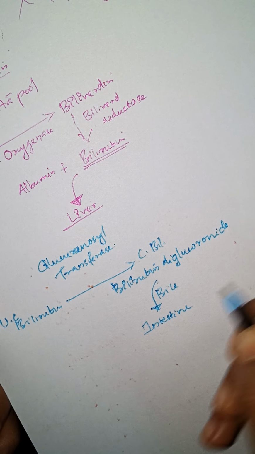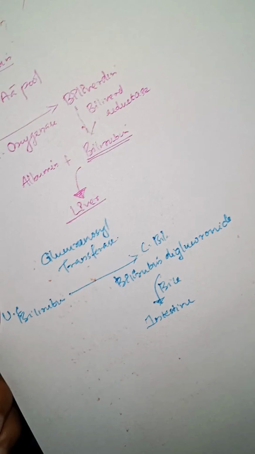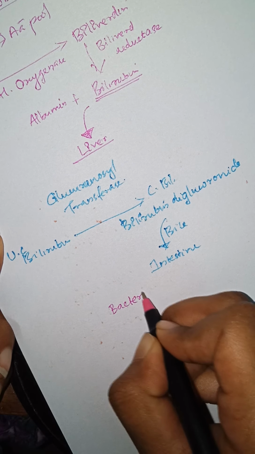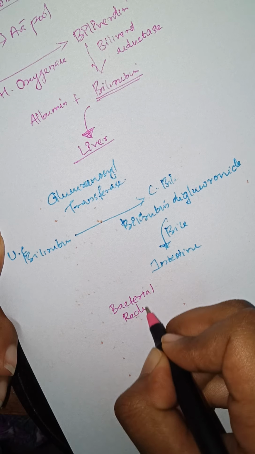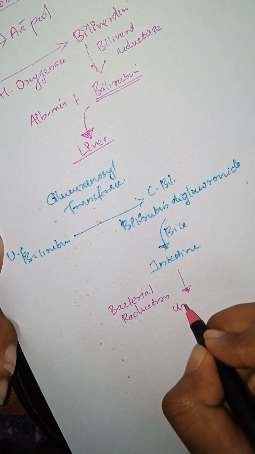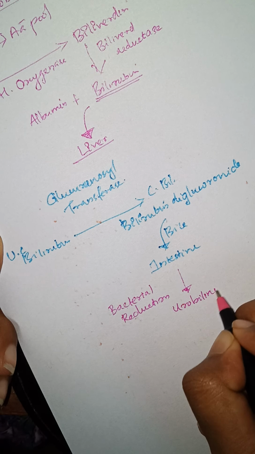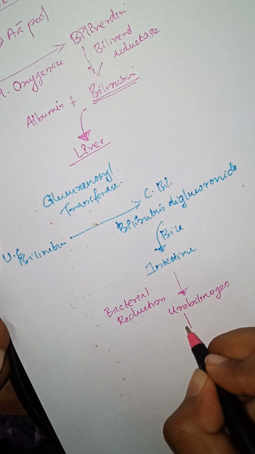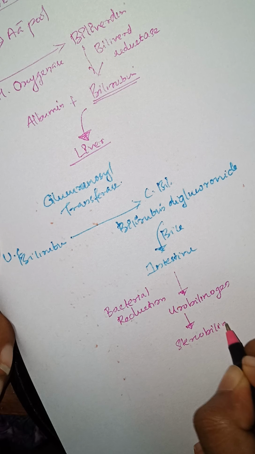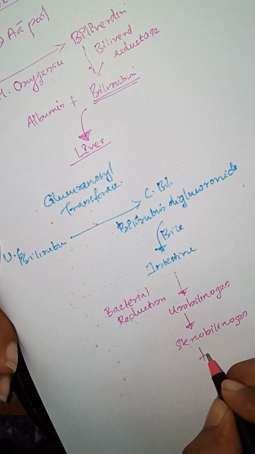Now it reached the intestine. In the intestine we have bacteria. So following bacterial reduction, this bilirubin gets converted into urobilinogen, then stercobilinogen and stercobilin.